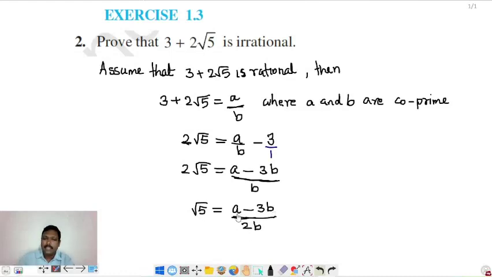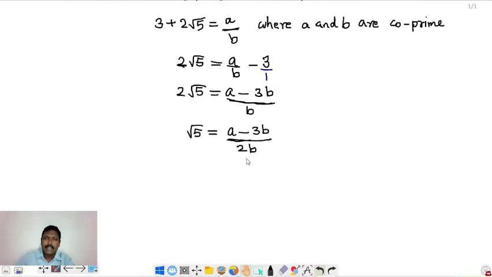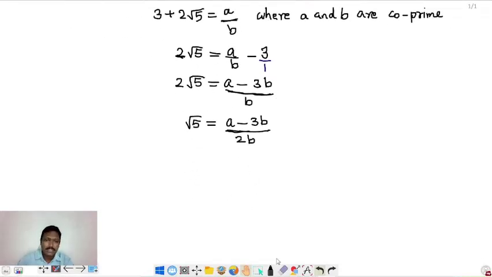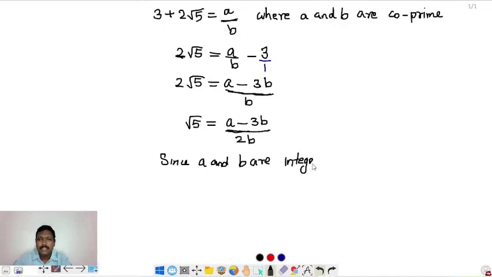Now, since a and b are integers, you can say a minus 3b divided by 2b is rational.